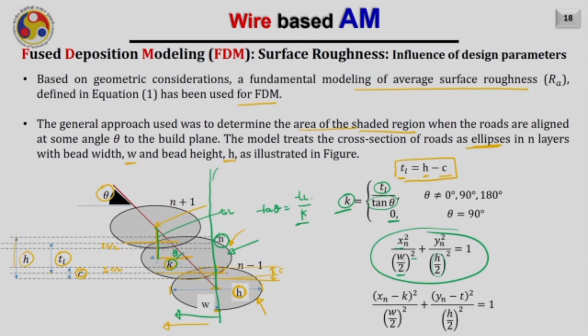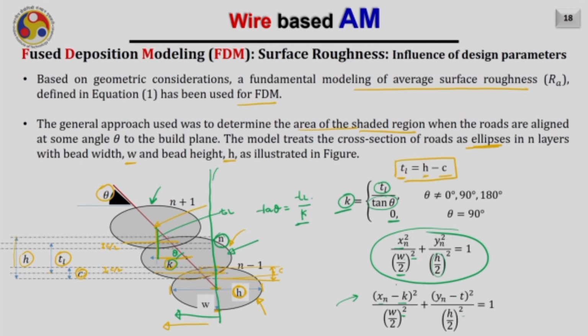Now, the equation of the ellipse which we are depositing at the n plus 1th layer can be obtained by this equation: xn minus k whole square divided by w by 2 whole square plus yn minus t whole square divided by h by 2 square equals 1.